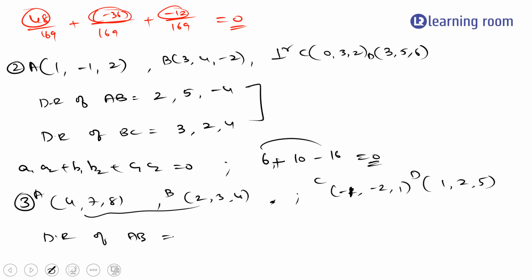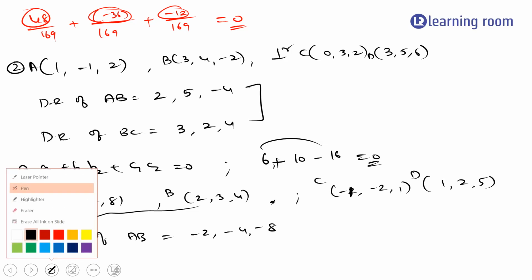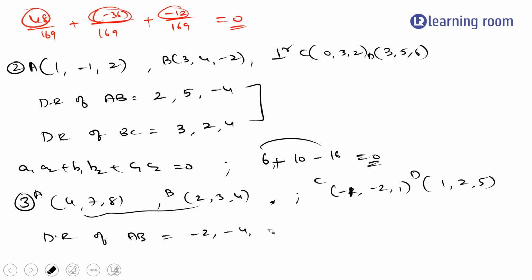X2 minus X1. How much is it? Minus 2, minus 8, minus 4. What is the direction ratio of CD? 2, 4, 4.